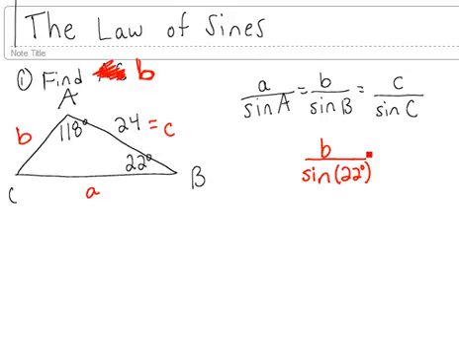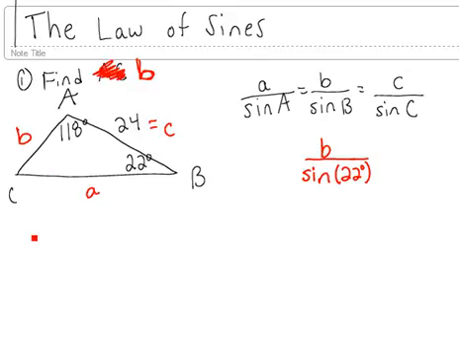Now, I don't know whether I'm using A's or C's yet. So let's look. I know that A is 118 degrees, but I don't know little a. I know that C, little c, is 24, but I don't know angle C. Which one of those can I find easily? Angle C or side A?